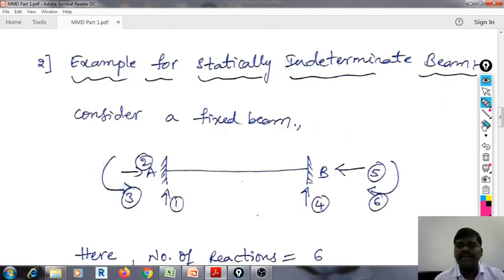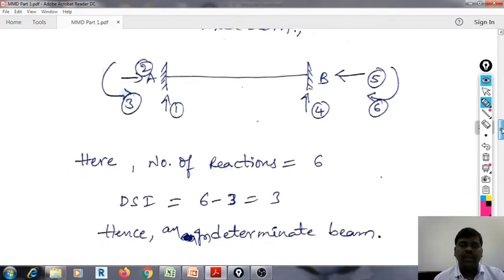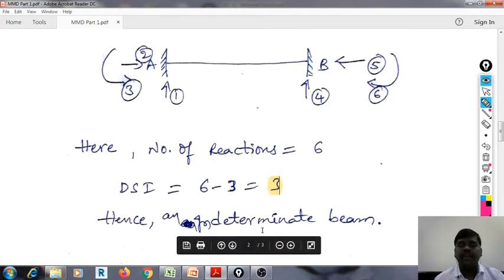So the number of reactions is 6, and the degree of static indeterminacy is 3. If the degree of static indeterminacy is 0, it is a determinate beam. Now it is 3 here, so hence it is an indeterminate beam.